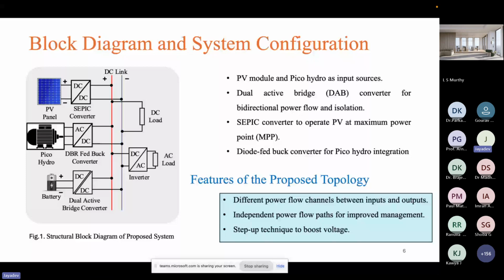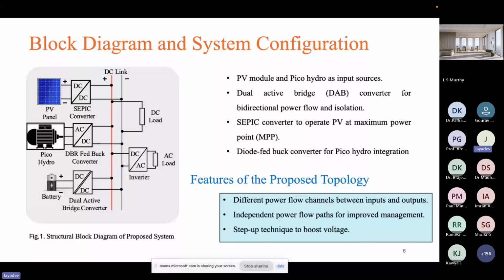Then for the battery: these two sources, PV and pico hydro, are unidirectional. So we need a converter with unidirectional power flow capability. We don't need bidirectional power capability for them, but for the battery we need a bidirectional converter, because the battery's purpose is to stabilize the DC link voltage.